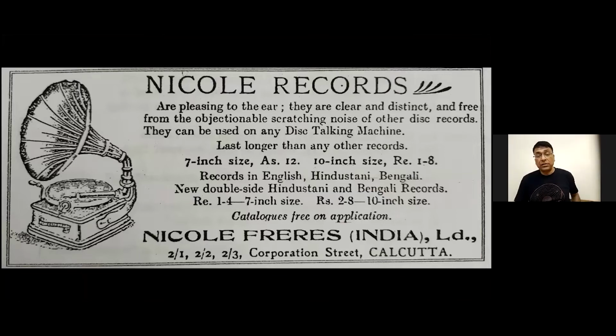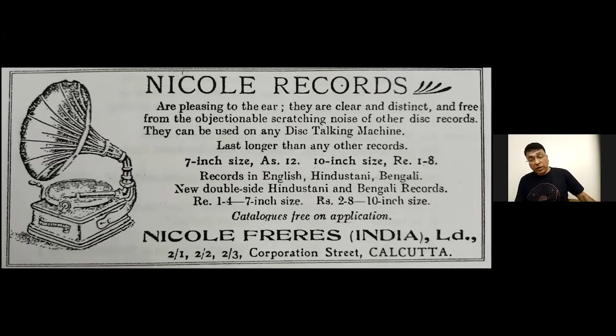They have Ms. Gohar Jan, L.C. Bural, Pyara Sahib, Maujuddin, and the Nicole Record Company initially made on cardboard, and they go on to shellac, which is the material that most other records are being made out of.